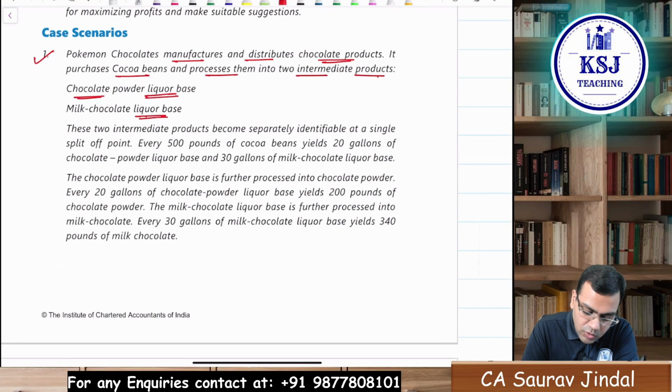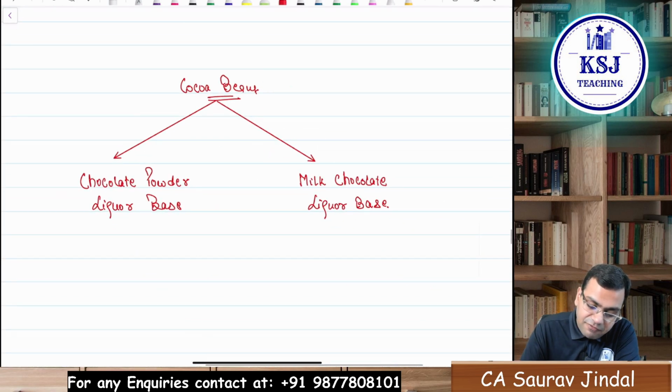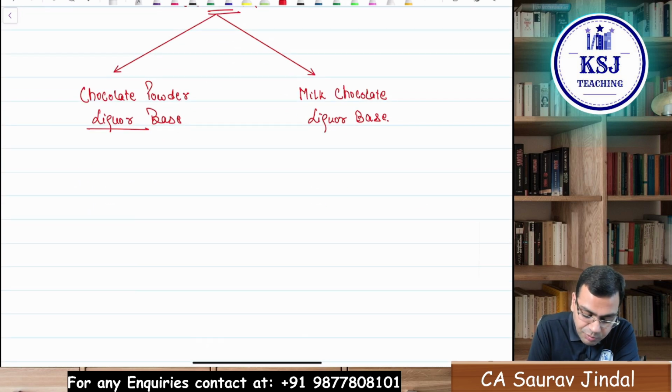These two intermediate products become separately identifiable at a single split off point. Every 500 pounds of the cocoa beans yields 20 gallons of the chocolate powder liquor base and 30 gallons of the milk chocolate liquor base. So if we process 500 pounds of the cocoa beans, what is the output that we get?